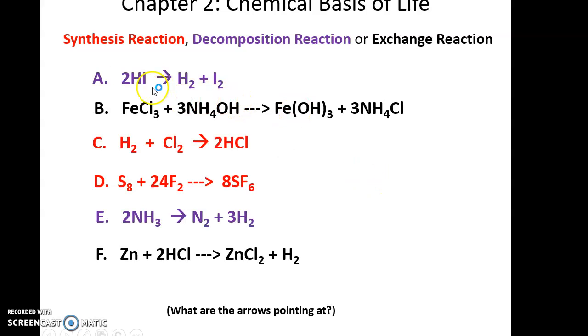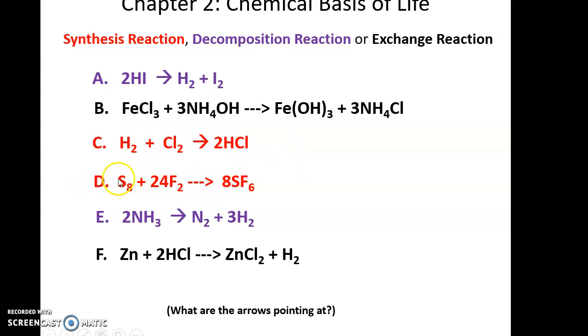All right, so what do we see? We see that the first chemical reaction is a decomposition. The molecule is breaking down into its subtypes. The second is an exchange reaction. We see the OH moving to the iron, the chlorines moving over to the ammonium. Third one, oxygen plus chlorine yields hydrochloric acid. That is a synthesis reaction.